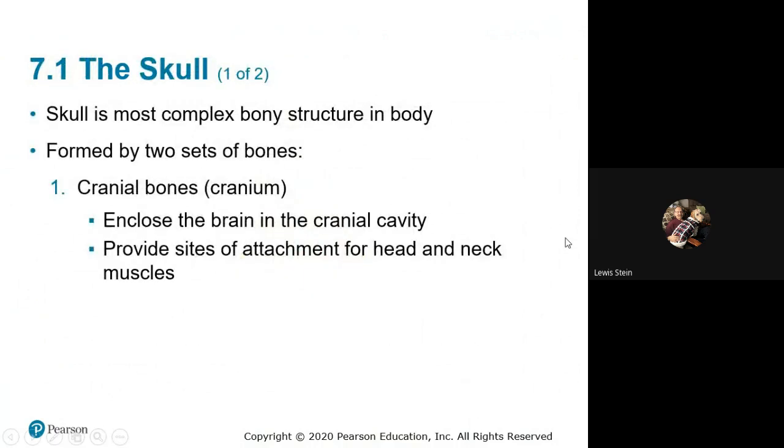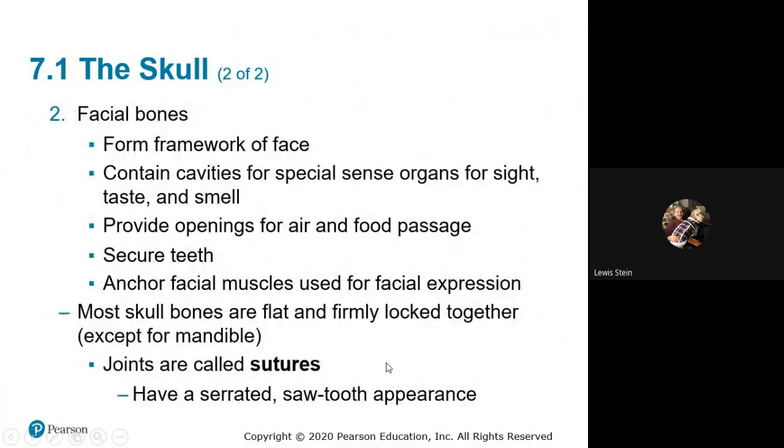As you can see, we might as well dive into it right away. Skull. As you can see over on the board, effectively there are two sets. There are only two of these that are really in pairs, as opposed to the facial aspect of it. And yes, there's attachment for head and neck muscles as well.